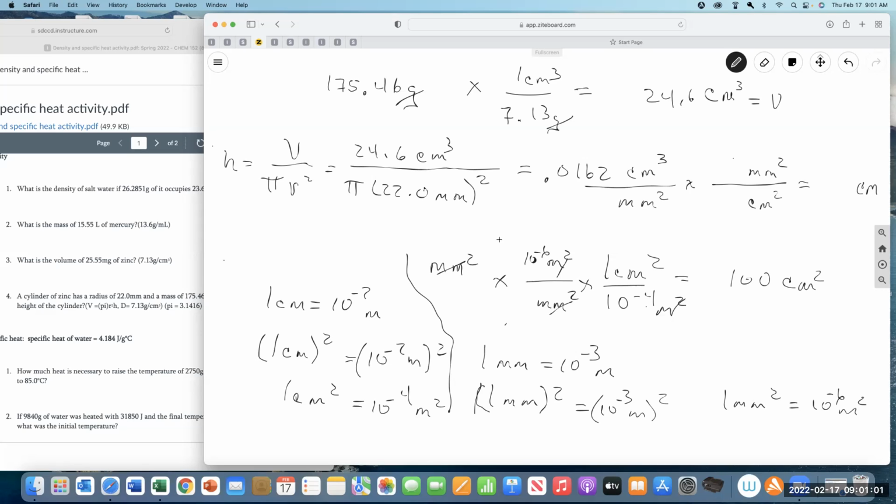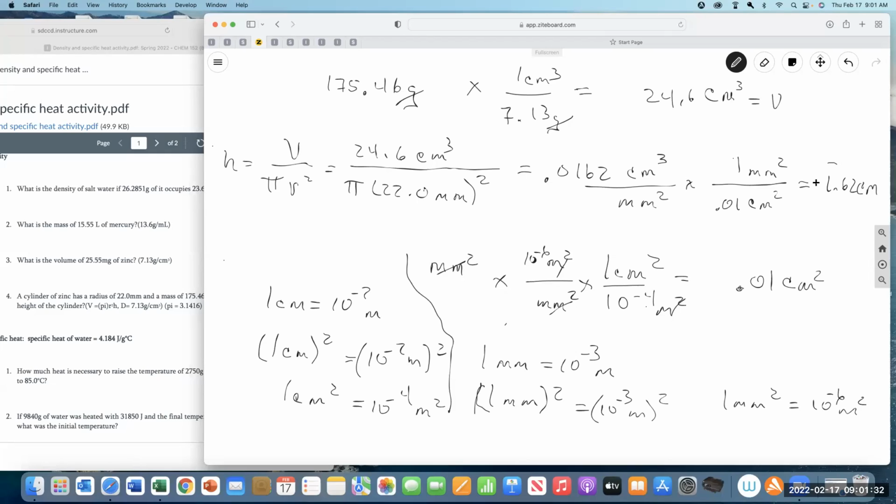That's right. I'm sorry, I pushed my buttons wrong. It's 0.01. I set it up right, I just pushed the buttons wrong. My bad. So that means 1 millimeter squared is 0.01 centimeters squared. So that means this is going to be 1.62.